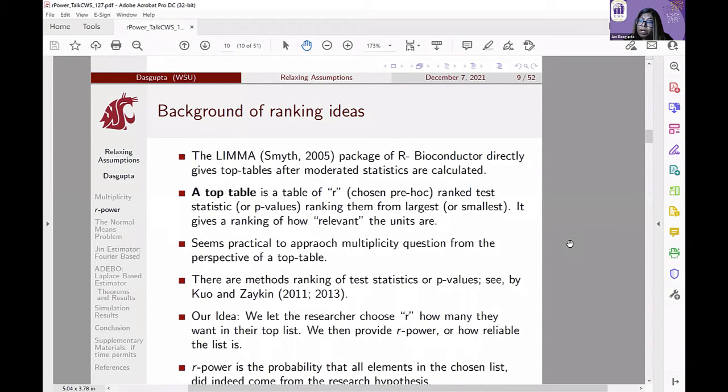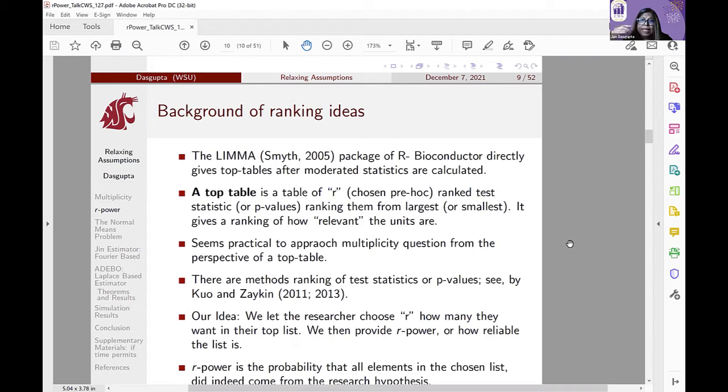Okay. So they were looking at the top 50, irrespective of whether it was really significant or not significant, just looking at the top 50. So that's the idea that sort of stems from our idea of R power.